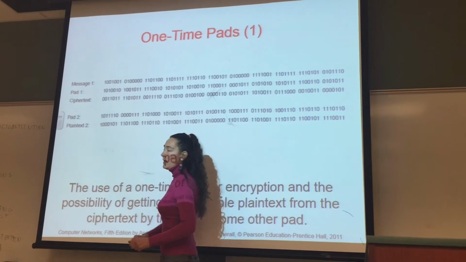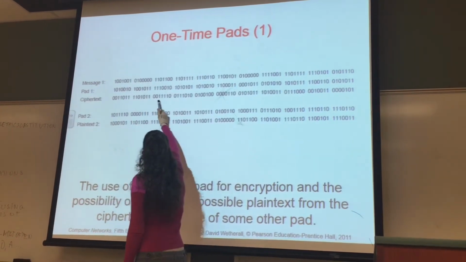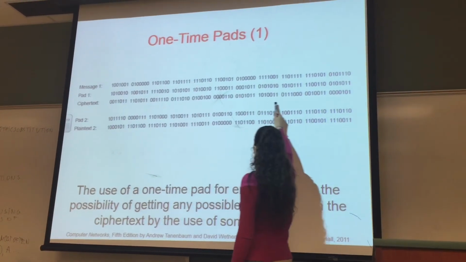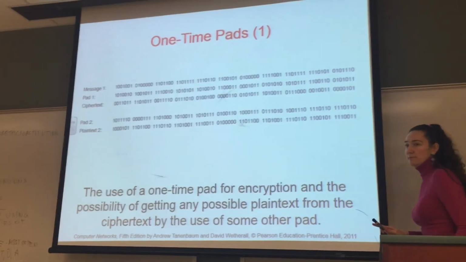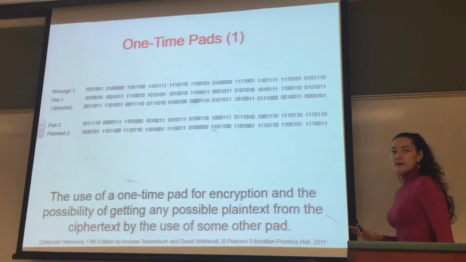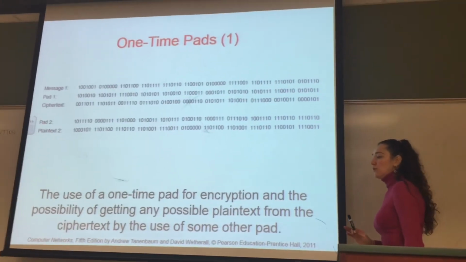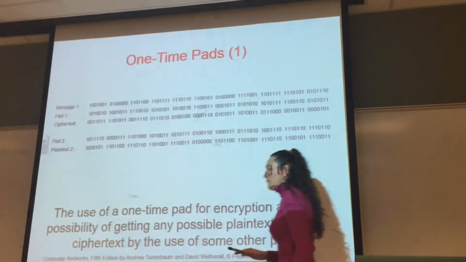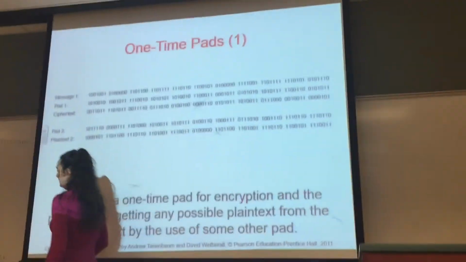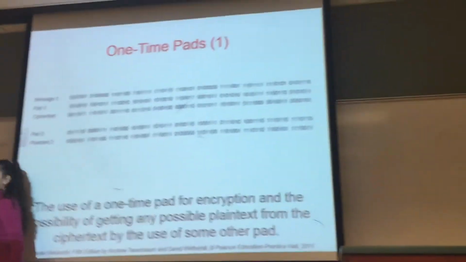Once we do the XOR, the statistical properties of the language are gone, because any combination of letters is equally likely to happen. You can't have one being more likely than another.